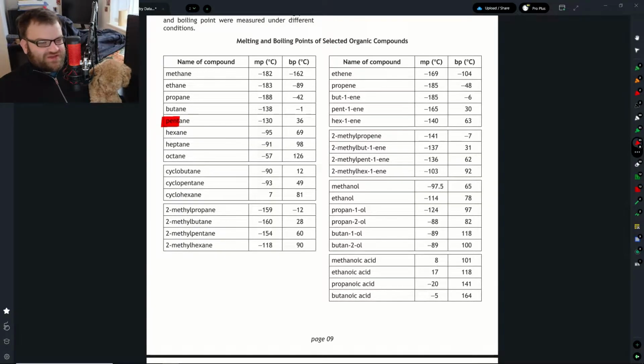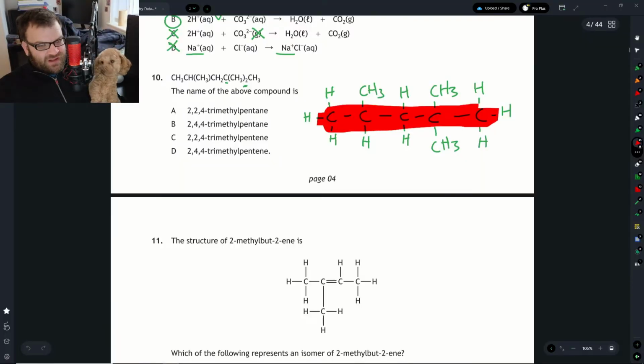And look there to make sure, if you ever forget how many carbons is for pent or hex or whatever it might be. This rules out the pentenes. Pentenes would be if we needed double bonds to fill up the correct number of bonds. Next, we have got 3 methyl groups. That's why they all have trimethyl. But it's either going to be 2,2,4 or 2,4,4.